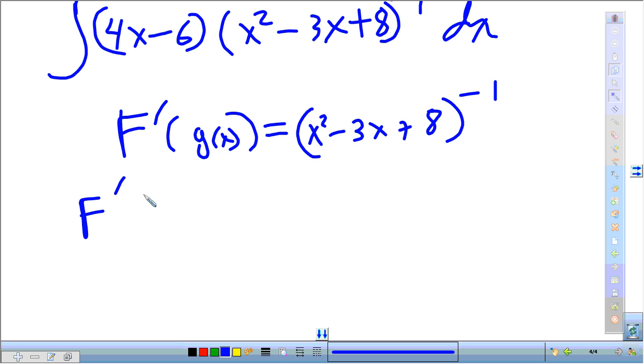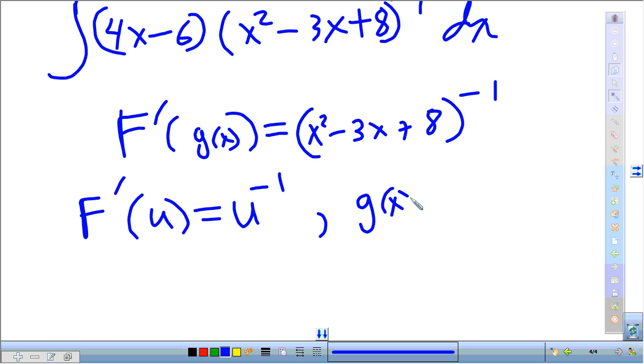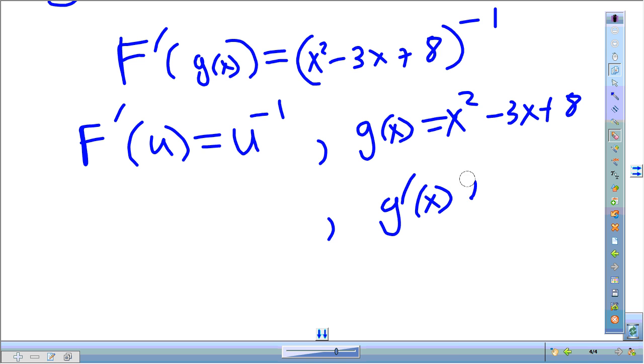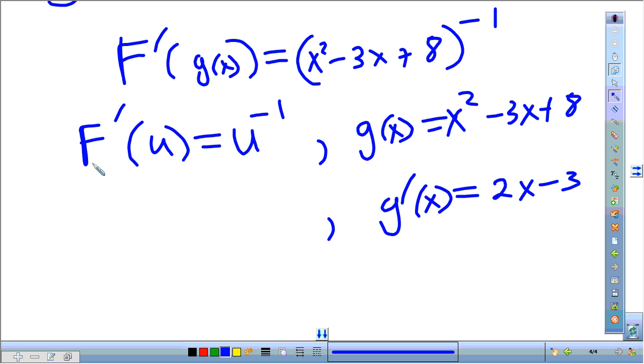The capital F derivative in terms of a symbol is u to the -1. The g of x that I'm choosing will be x squared minus 3x plus 8. And so I'll have the other parts. I need g prime, which is 2x minus 3, and an antiderivative.